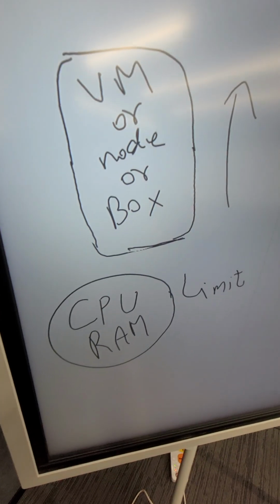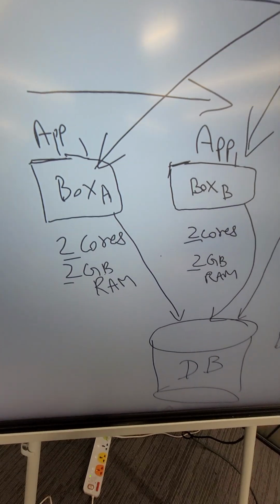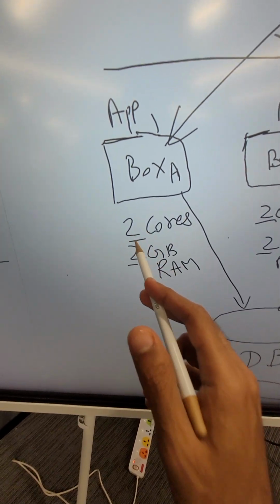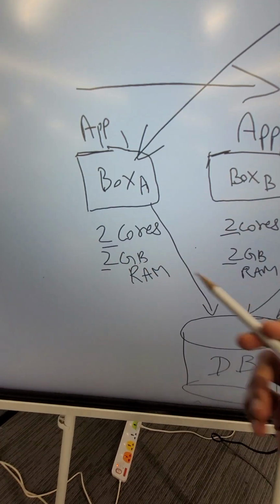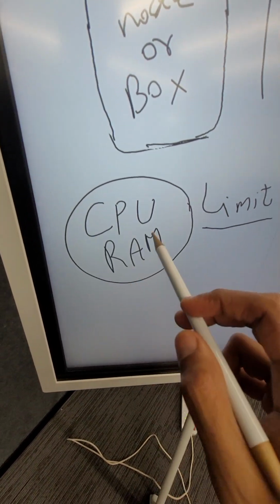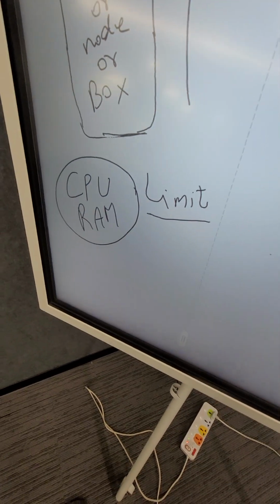Also, the other problem with vertical scaling is it's a single point of failure, right? In horizontal scaling, basically, you don't have this limit. Instead, you can put more and more cores and easily just add more and more machines. There is no limit to how many machines you can add, but usually there is a limit to how much CPU and RAM you can have for a given machine in cloud services, right?